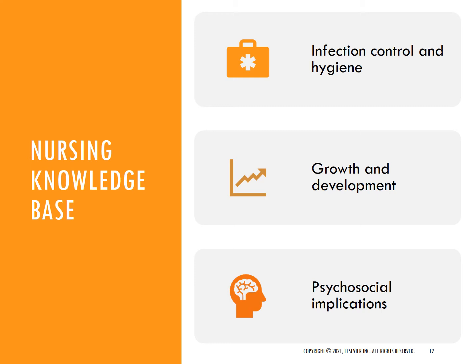Is there some reason in their growth or development or at their life stage that they have a problem with maintaining urinary continence? And then psychosocial implications. This could apply with our patients who do have continence issues. We want to think about the psychosocial implications that would affect the patient's holistic care, their body, mind, and spirit.